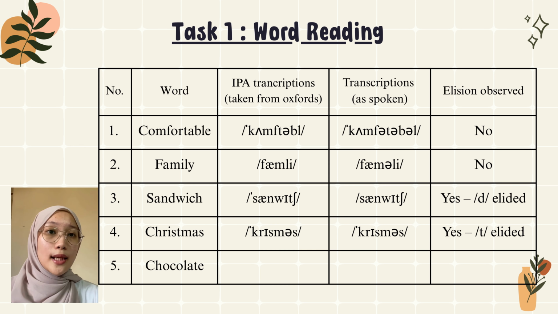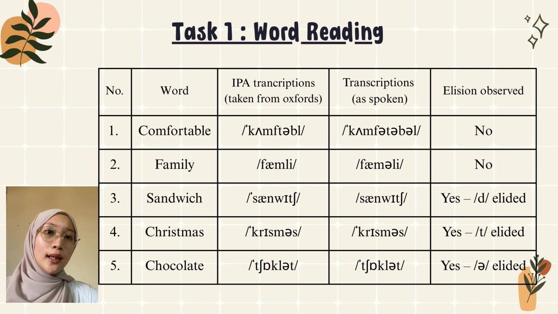Here, the T is clearly articulated between the S and M sounds. This version might be used in very careful or exaggerated speech, such as formal readings or singing. However, in everyday British pronunciation, the T is elided, meaning it is dropped. This makes the pronunciation smoother and more fluent, especially in rapid or connected speech.